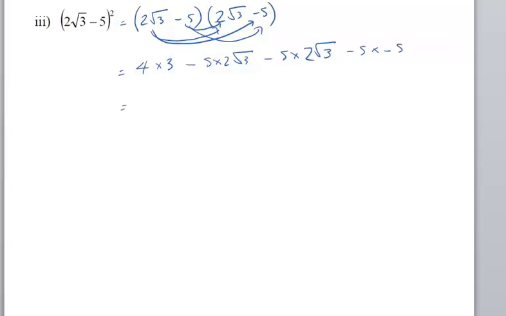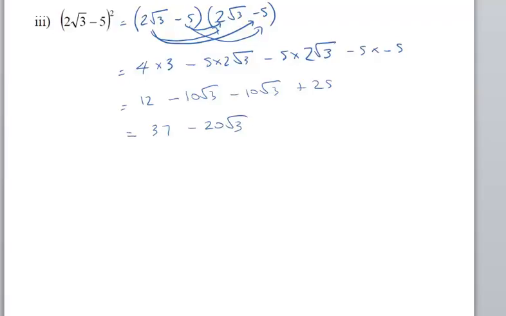So here we've got 4 times 3 is 12, and here we've got minus 5 times 2 is 10 square root of 3, minus 5 times 2 is 10 square root of 3, minus 5 times minus 5 will give us positive 25. So here we've got 12 plus 25 gives us 37. Minus 10 lots of square root of 3 minus 10 more lots of square root of 3 gives us minus 20 square root 3 here.